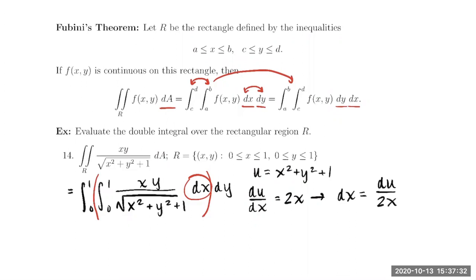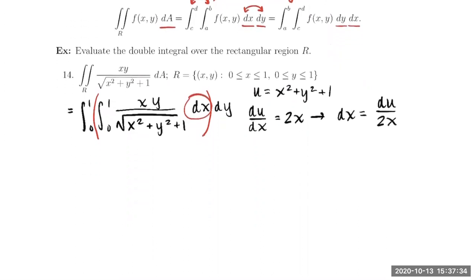So let's go ahead and make this substitution. Again, I'm going to write question marks here because I'm now switching into the world of u and I'm leaving x's behind, and so I don't want to use my x limits of integration. On top, I have xy.